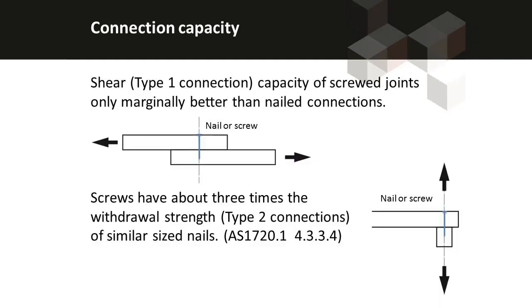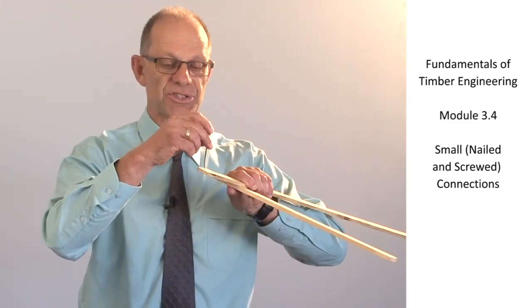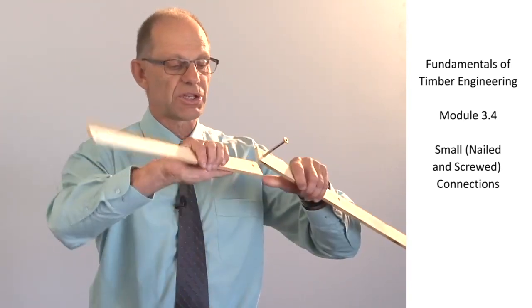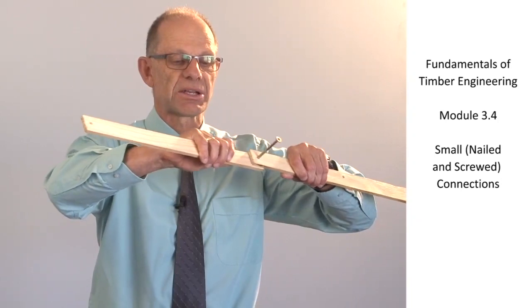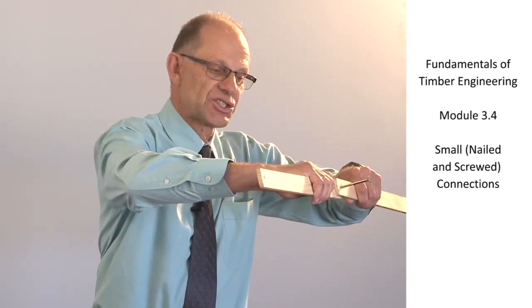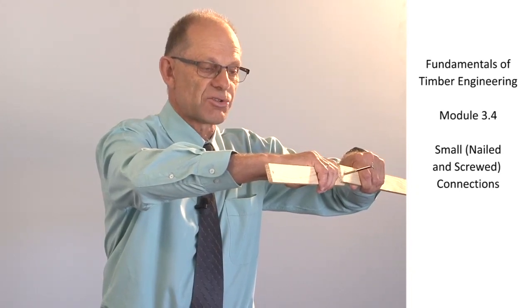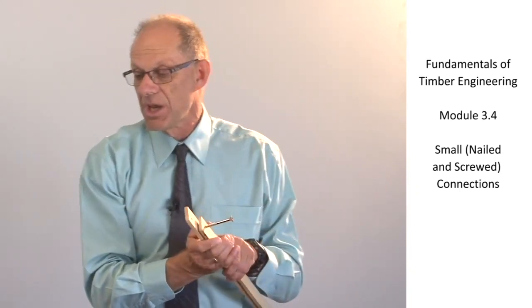Connection capacity. Type 1 connections are where the nail or screw carries the load in shear. So here I have a screw that I can pass into one piece of timber, and if it goes into the other piece of timber and loads are applied, that screw shank is carrying the loads in shear across that shear interface.